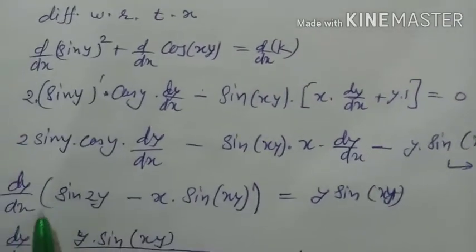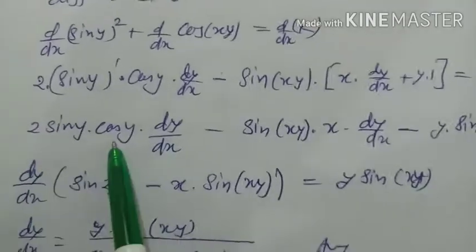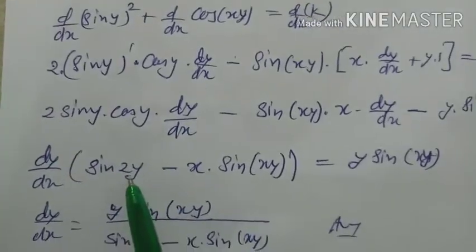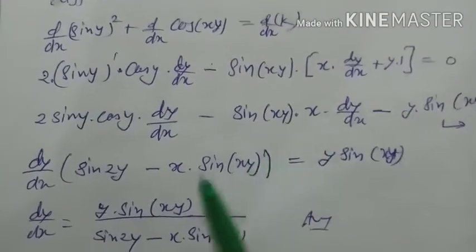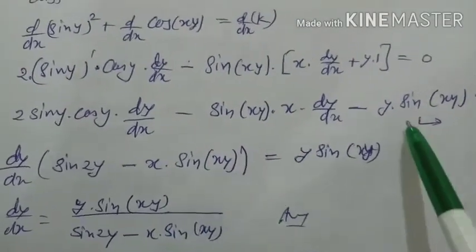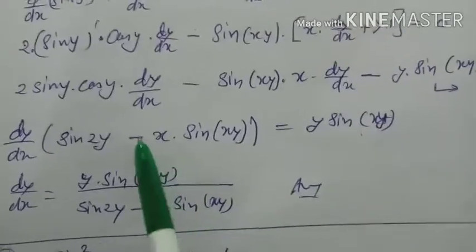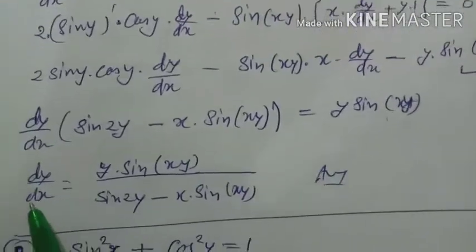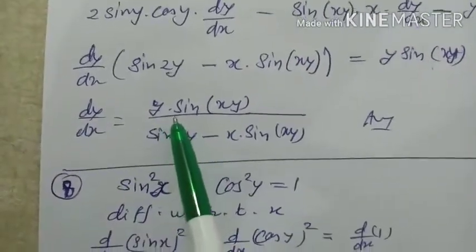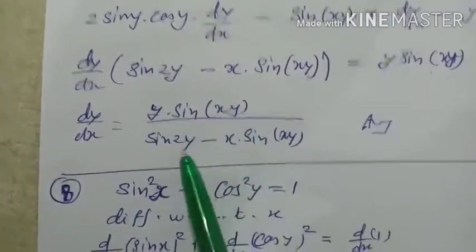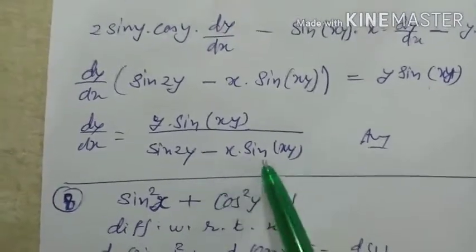So first dy upon dx is common, so 2 sin y cos y, it means sin 2y, it is a formula of sin 2y, half the angle formula, and from here x into sin xy remaining, and it will be positive. Now throw this bracket into right side, so this is your answer, dy upon dx, which is equal to y into sin xy upon sin 2y minus x into sin xy.